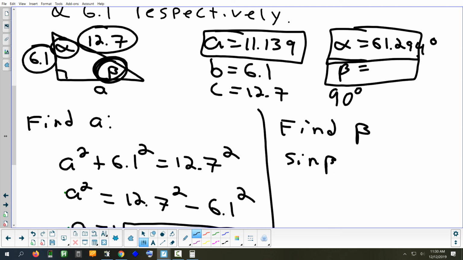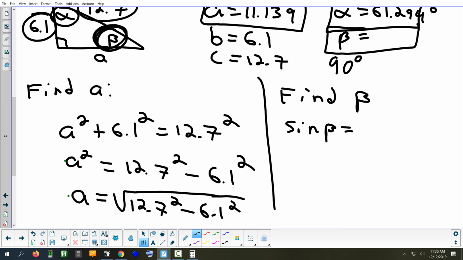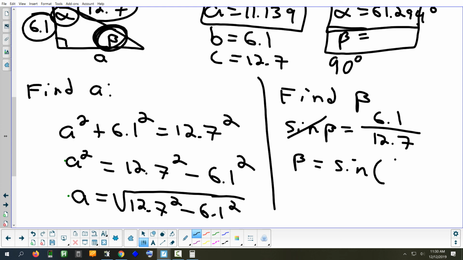So sine of beta equals 6.1 over 12.7. Now you have a function you need to cancel out. What's the function that cancels it out? Inverse sine. So we are going to take inverse sine of each side, and you're going to get this.